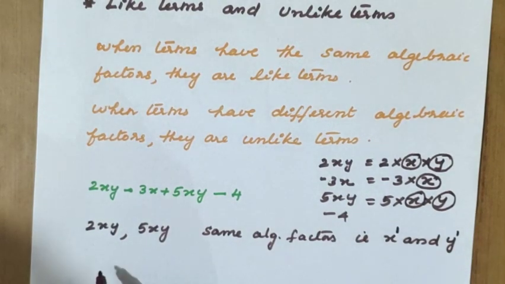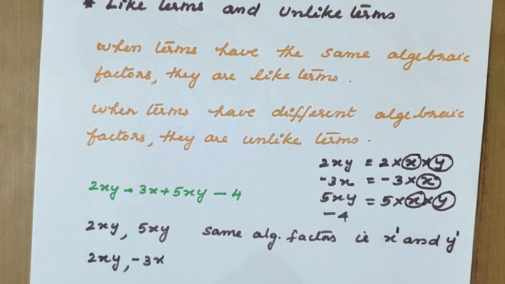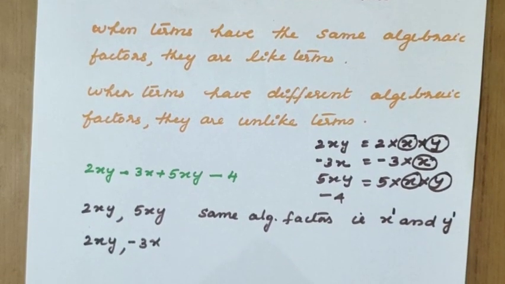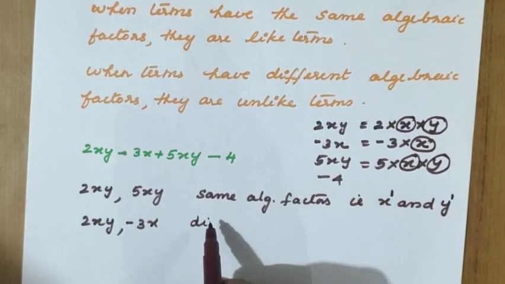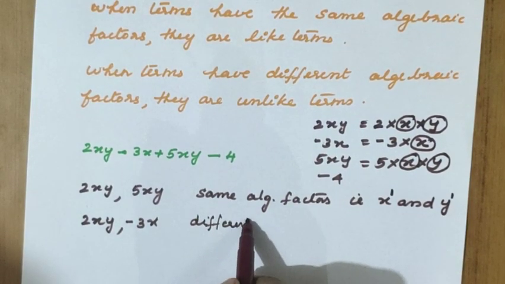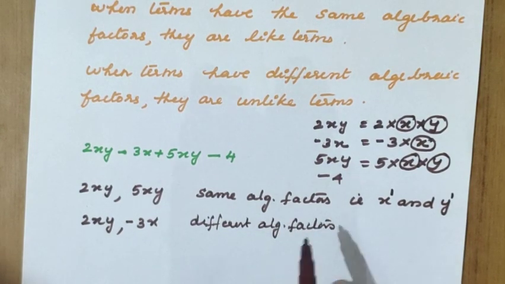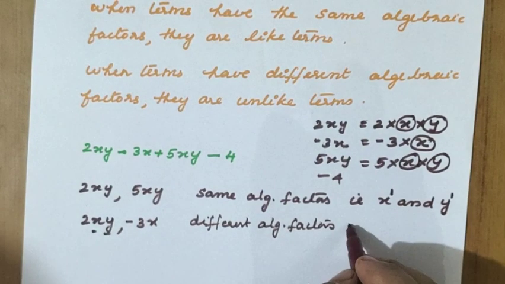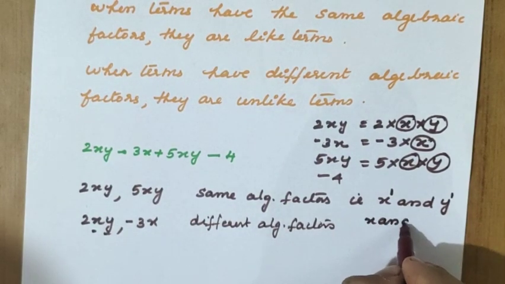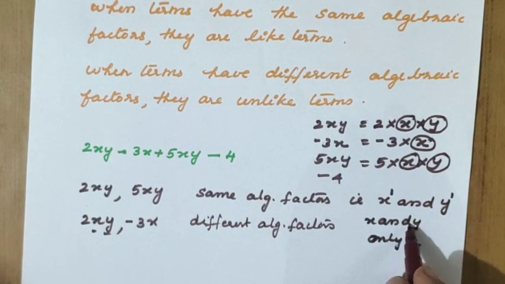Now when you compare the first and the second term, 2xy and minus 3x, you can see that they have different algebraic factors. How is it different? For the first one it is x and y, both are there, but the second one has only x. See, y is not there.